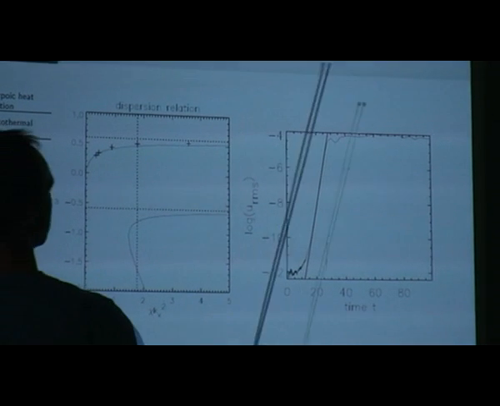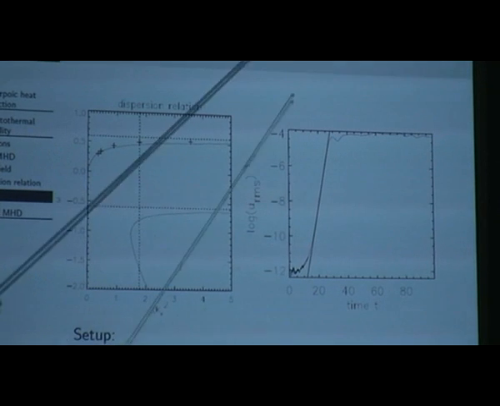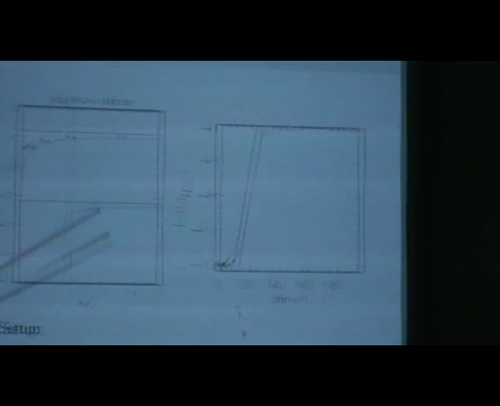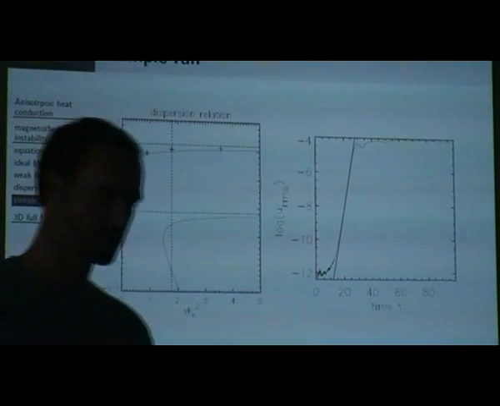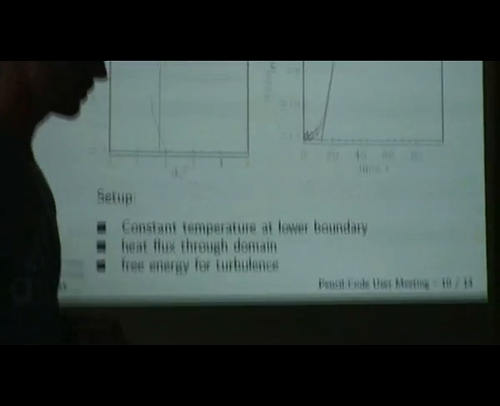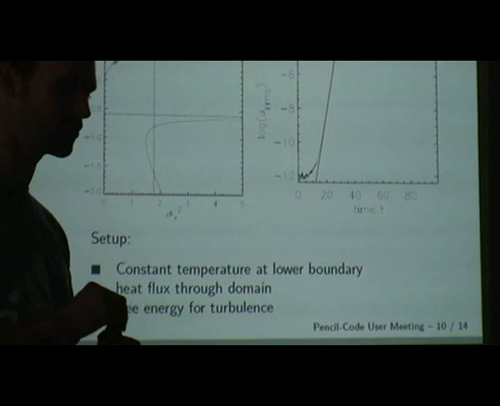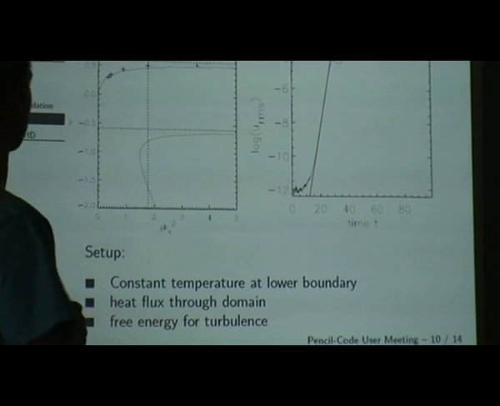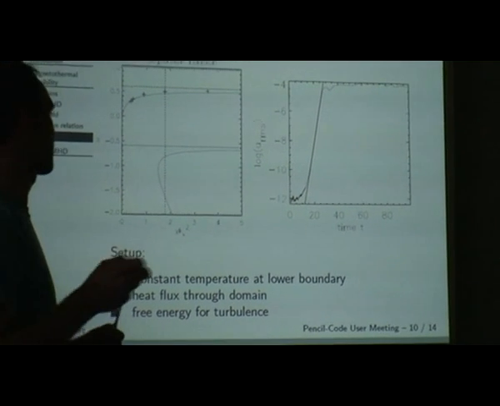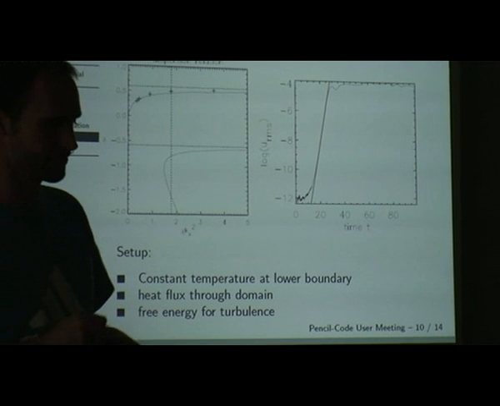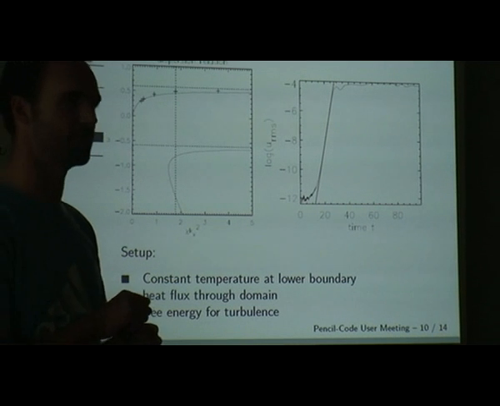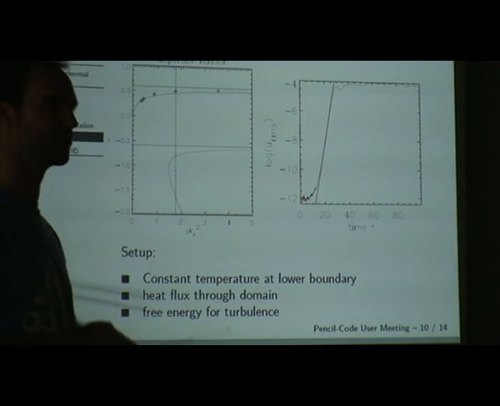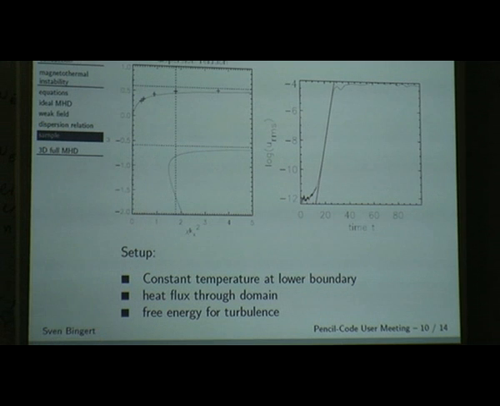Here you have the linear rise of the RMS value which is going on. This shows that in principle we can reproduce this magnetothermal instability. So I assume that the Spitzer conductivity works in the code if we can reproduce this dispersion relation like it's shown here.